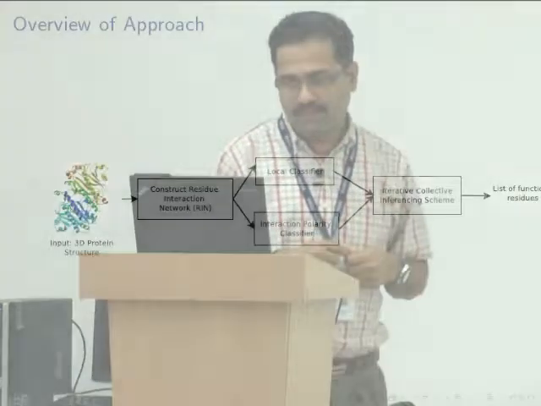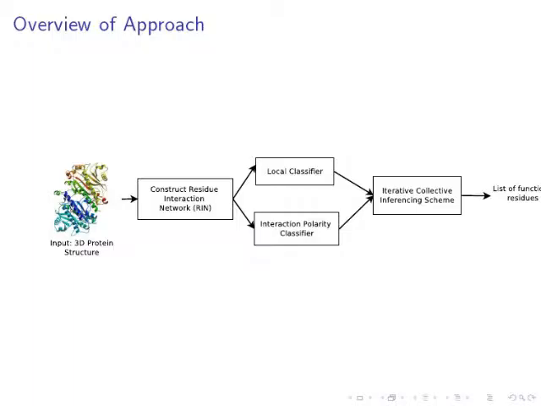Since it is not available, we will predict it based on the attributes of the nodes. That will be covered in the interaction polarity classifier, and then we take input of both these classifiers and feed it into iterative collective inferencing scheme. I'll explain that in the next slides. And finally, the iterative collective inferencing scheme gives us a list of functional residues.